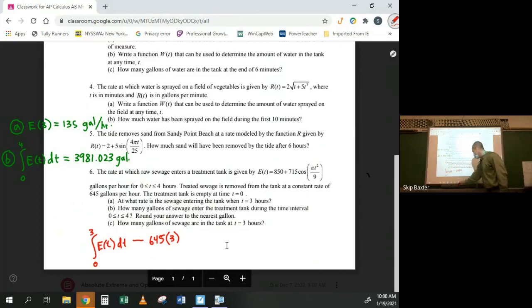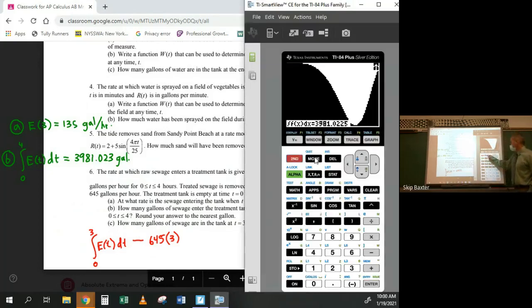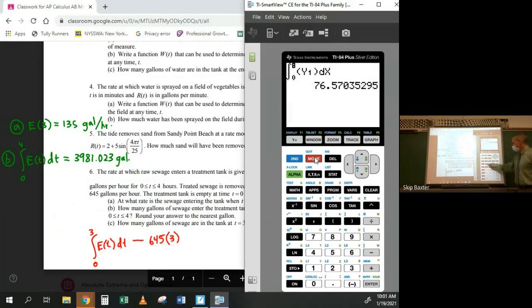That's it. So on my calculator, I could go to the main working screen. I could say math 9, integral from 0 to 3, variables, y variables, function 1, dx, minus 645 times 3.